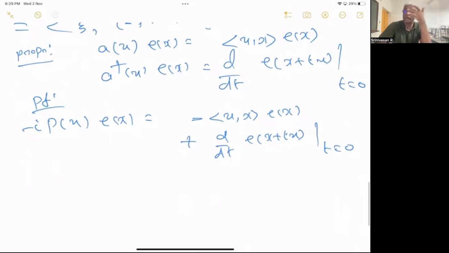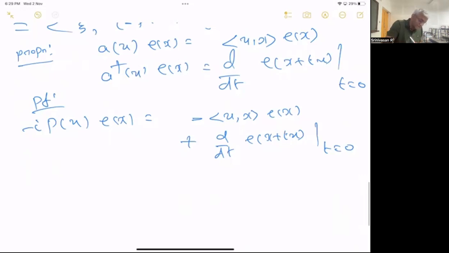Now, from E(x) you want to go to finite particle vectors. They are all some sort of limits of these things, and T is a continuous operator.